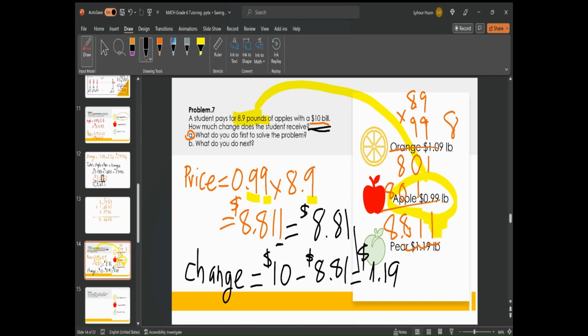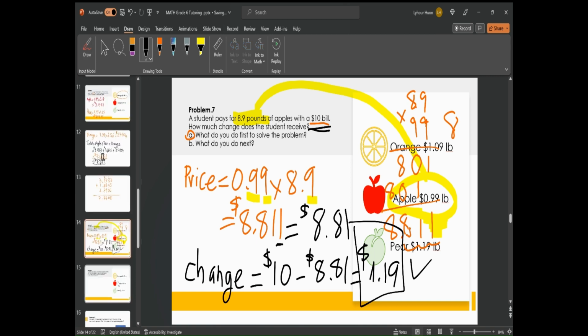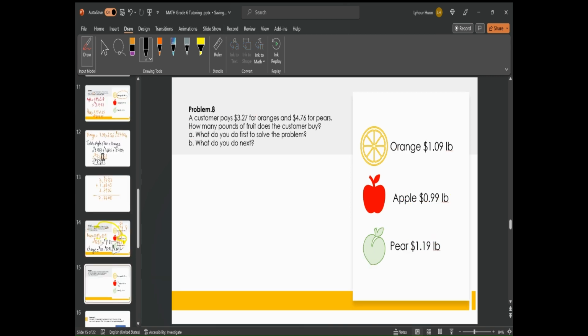That is the answer. Okay. Wow, this is fast. I think your multiplication, and we haven't tried division yet, but your multiplication with numbers is very fast.